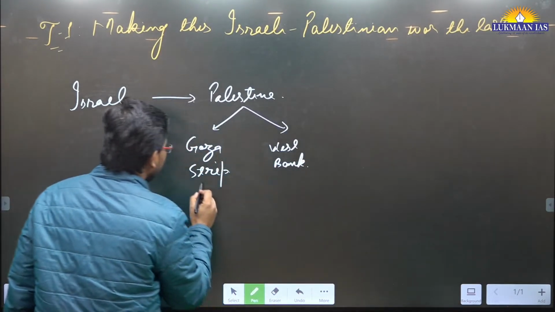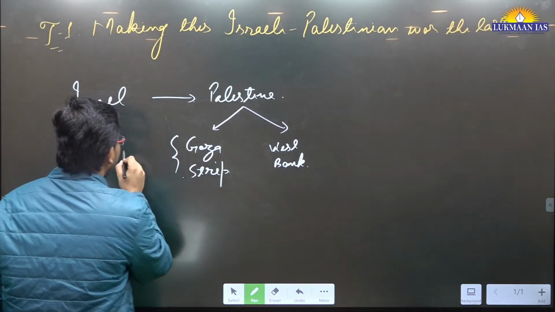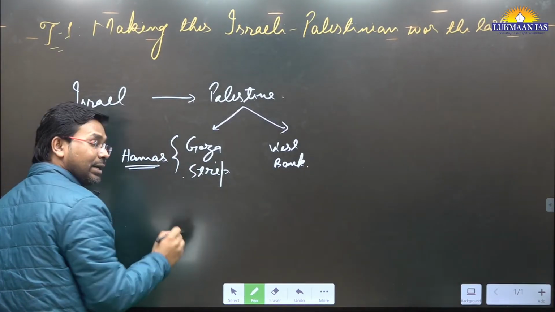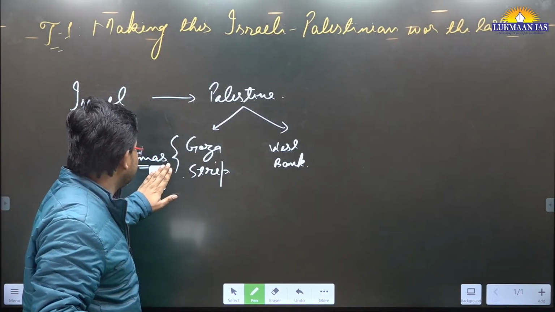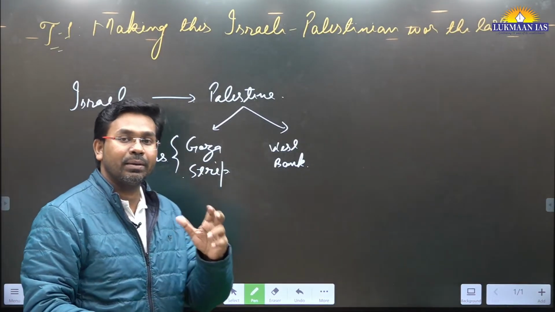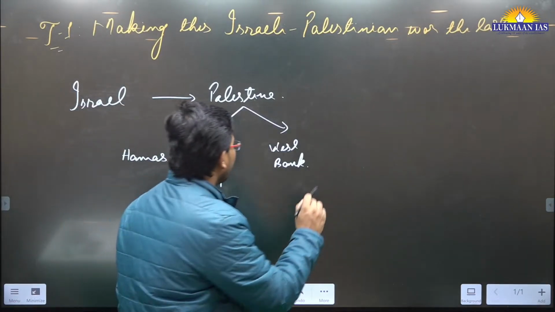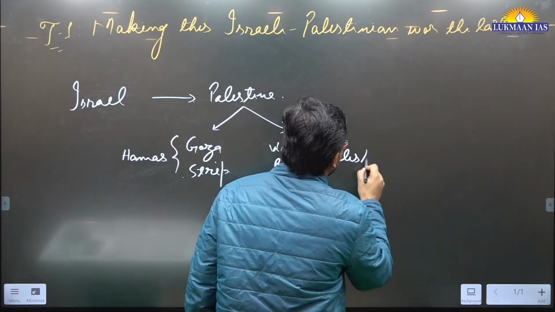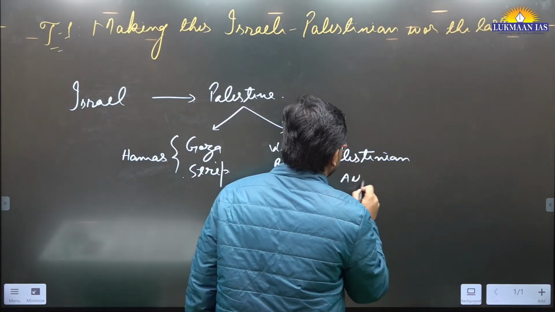When we talk about the Gaza Strip, it was ruled by Hamas. Hamas is a political authority, and at the same time, they are an armed group as well. And if we talk about the West Bank, over here we have the Palestinian Authority.